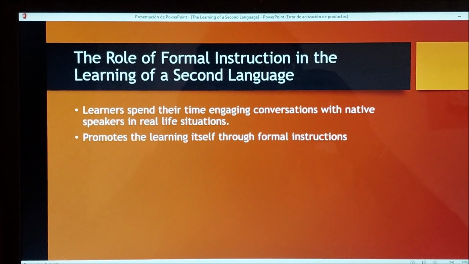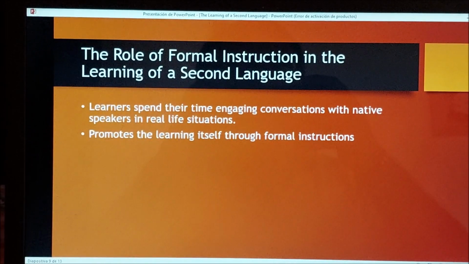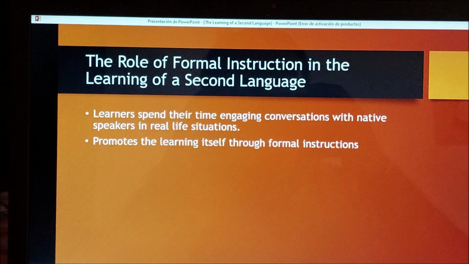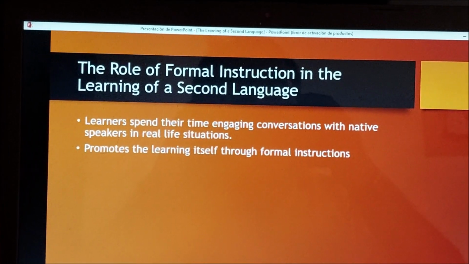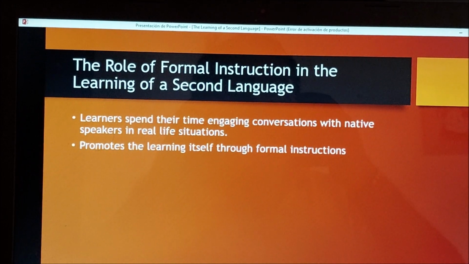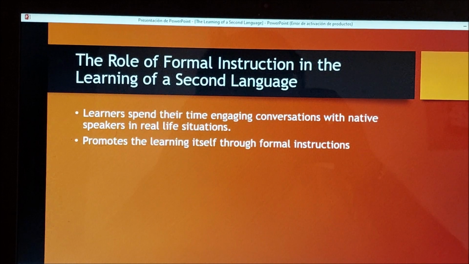Here we have the role of formal instruction in the learning. So I think that it's really important, because when you are learning a second language, all the information that you could get from your teacher is the commands.